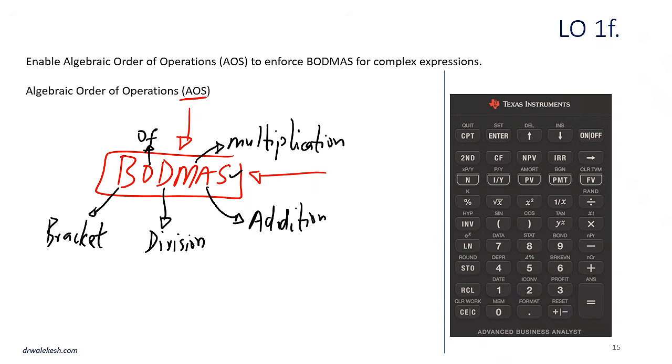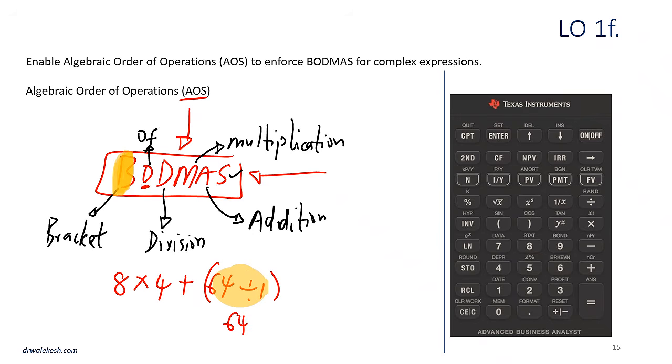So if we have something of this nature, 8 times 4 plus 64 divided by 1. How do you solve for this? From this BODMAS, the first operation here is bracket, so we need to solve everything we have here. 64 divided by 1 is 64.